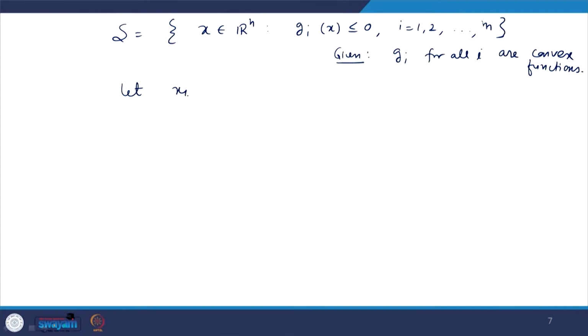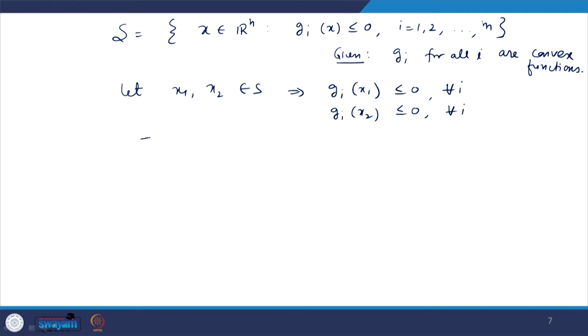You can take two arbitrary points in S and try to show that the convex linear combination of those 2 points is also in the same set. So, let x 1, x 2 be in S. This implies G I of x 1 is less than or equal to 0 for all I, and G I of x 2 is also less than or equal to 0 for all I.